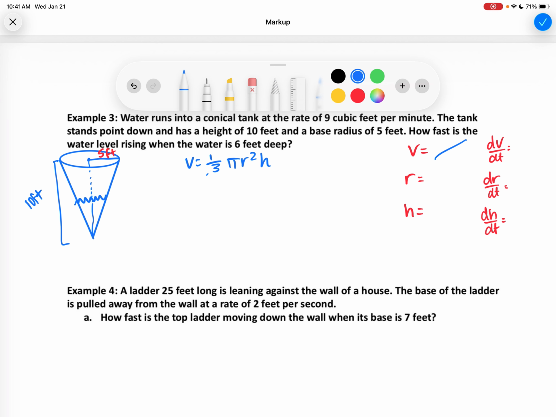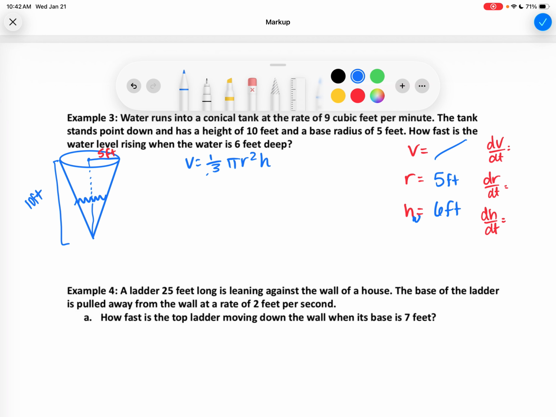The base radius is 5 feet, so I'm going to put that there. The height is the height of the water. I would maybe put a sub W or something like that, so you know it's for water. That's 6 feet. dV/dt is, what is it? 9 cubic feet per minute.